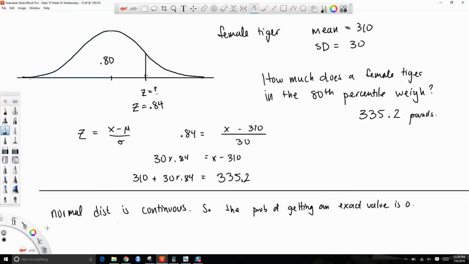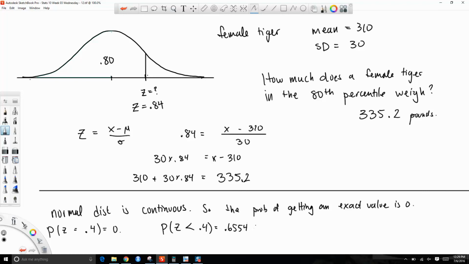Okay, so if we write, what's the probability that z is equal to exactly 0.4, this probability is 0. But what we can do is find the probability that z is less than 0.4, and we would look that up in the table, and we would get 0.6554.